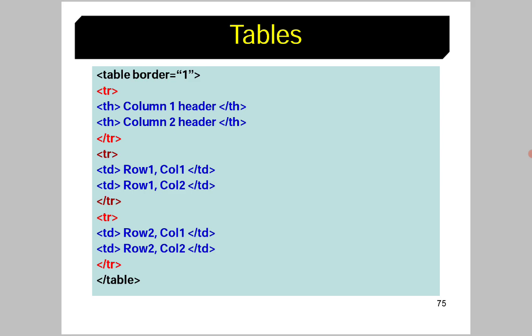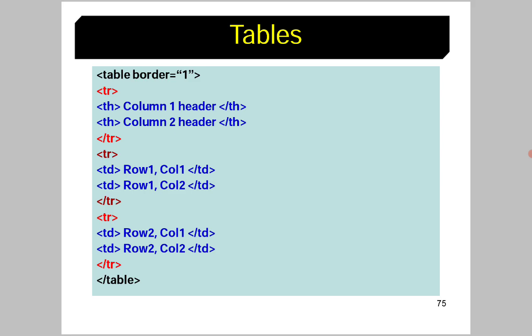So in this table syntax, first you create the table headings or table headers. After that you create the first row of a table with 2 cells. After that you insert the second row of a table by again inserting 2 columns.